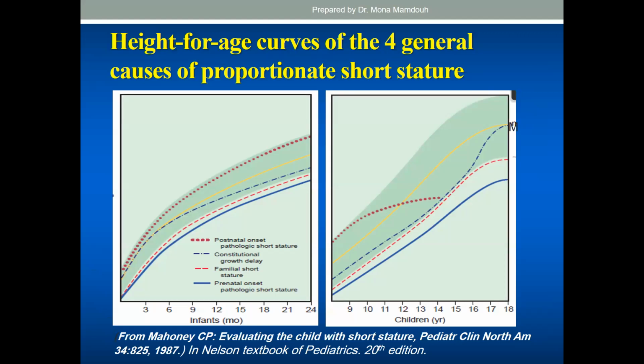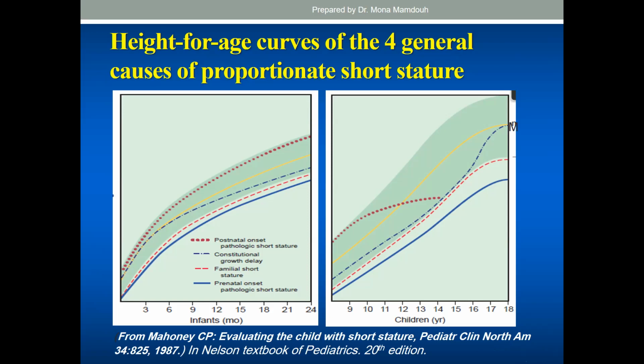From the key of the figure, you can see that you have, from below upwards, the prenatal onset of pathologic short stature, the familial short stature, constitutional growth delay, and finally the postnatal onset pathologic short stature. And you can see the differences between the four.